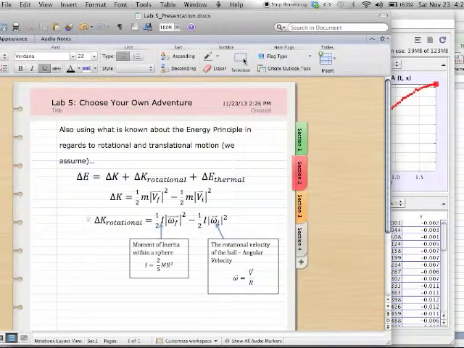Here, the rotational energy is calculated by multiplying 1/2 times the moment of inertia for a sphere, 2/5 times the mass times the radius of the sphere squared, times the angular velocity squared. And this angular velocity is the rotational velocity of the ball, calculated by dividing the linear velocity of the ball by the radius of the ball.